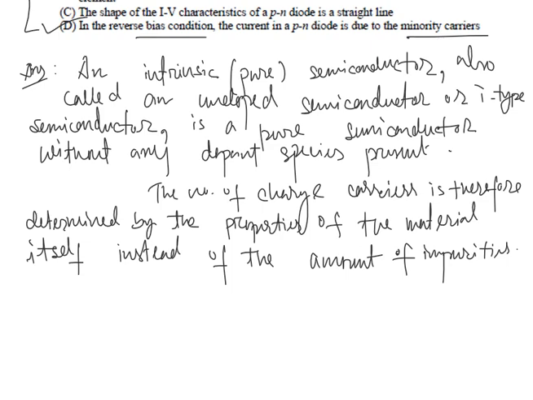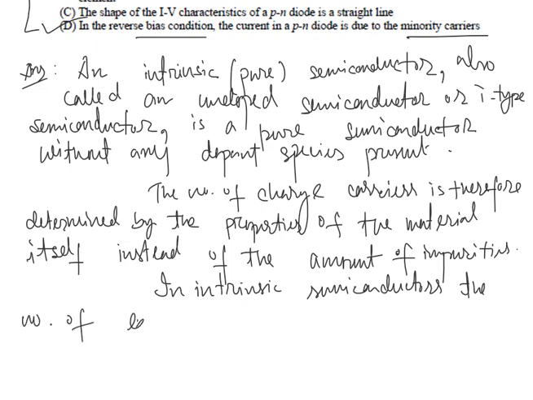In intrinsic semiconductors, the number of excited electrons and the number of holes are equal.